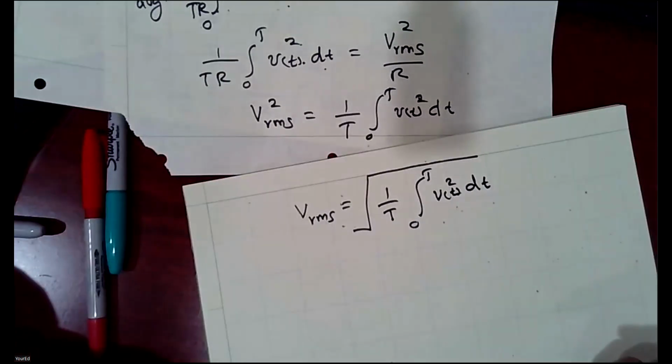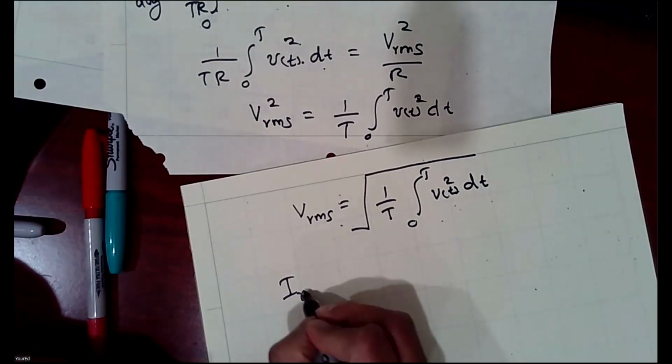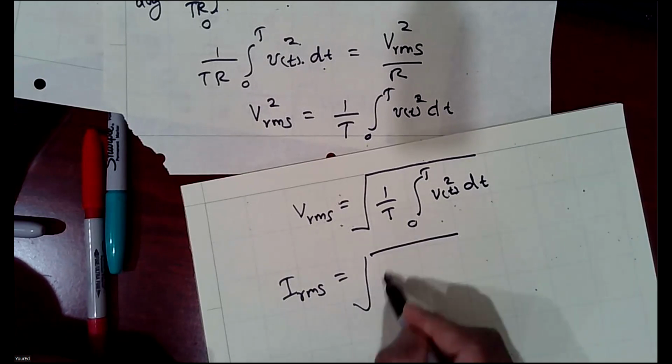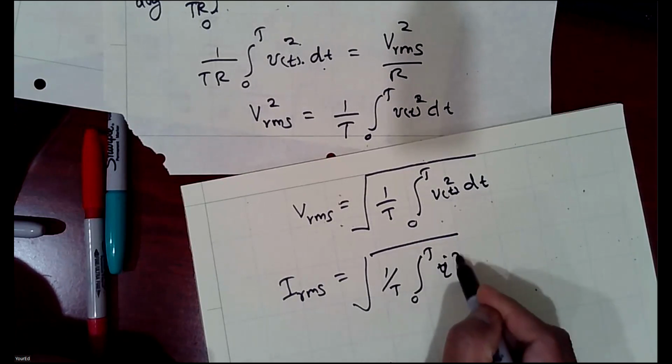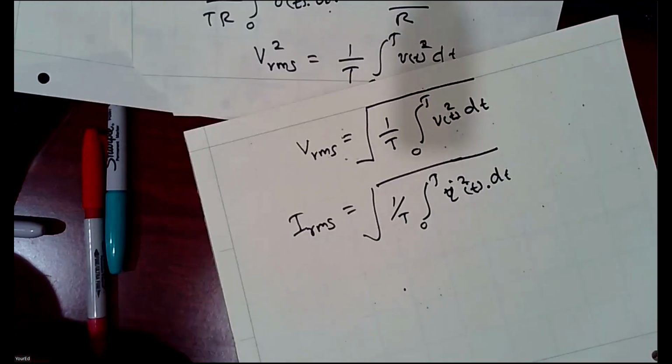So this is for the voltage. In a similar way I can follow, and I can do it for any other type of AC quantities like RMS current. I can define it this way. So this is how we define the RMS value for a circuit.